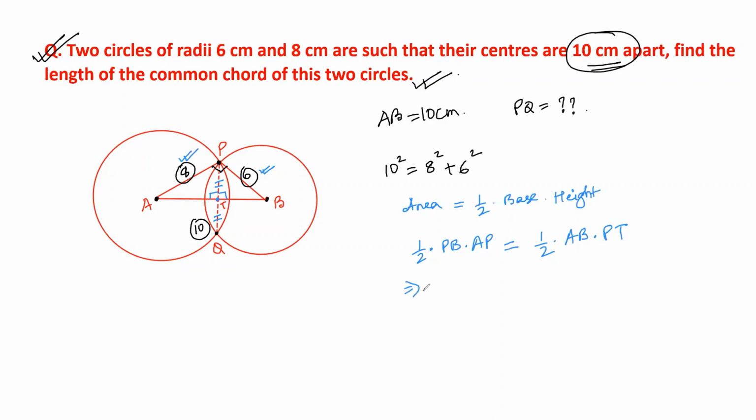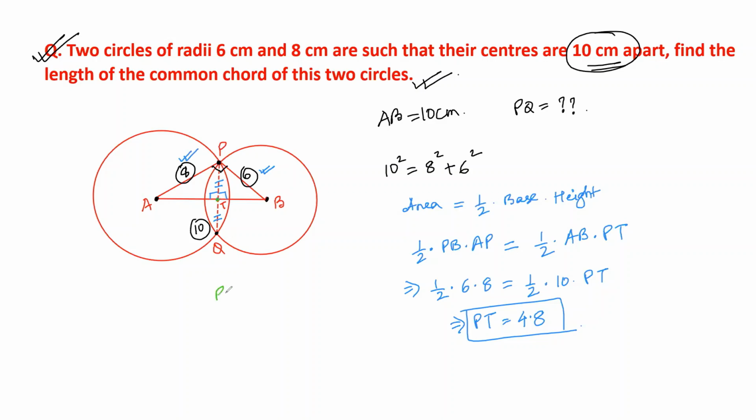Now, if we simply put the values, this would be half into 6 into 8, which would be equal to half into 10 into PT. So from this, we get the length of PT to be 4.8 centimeter. Now we know T is the midpoint of PQ.